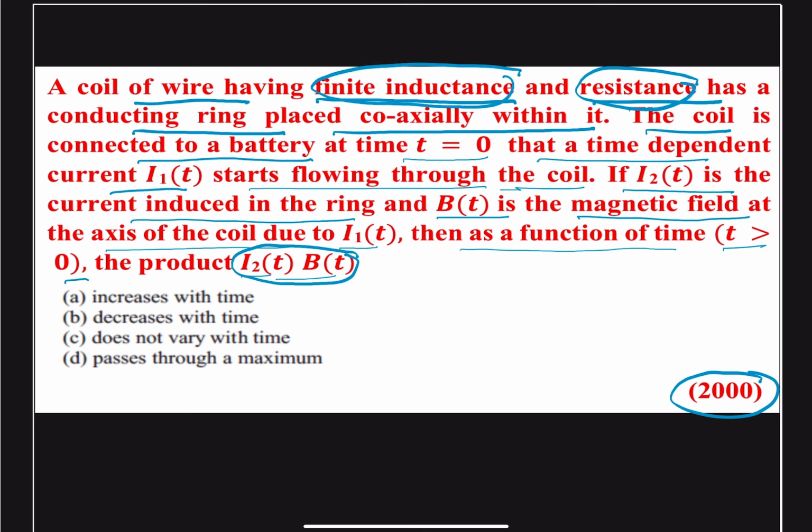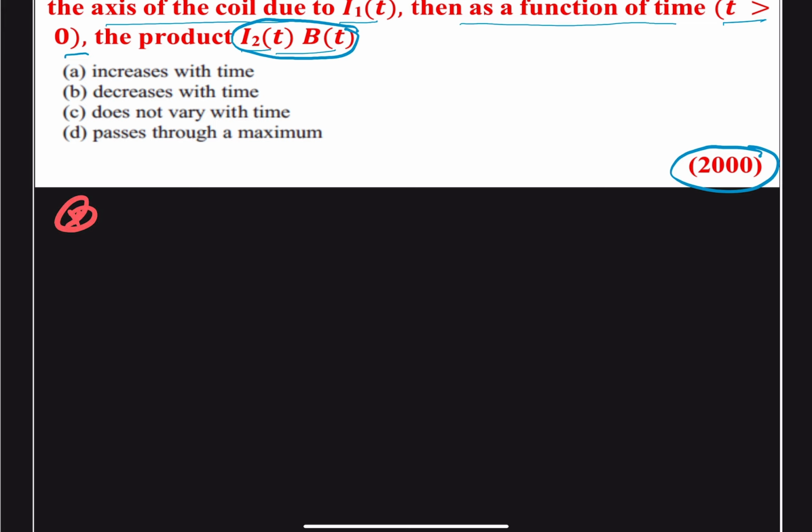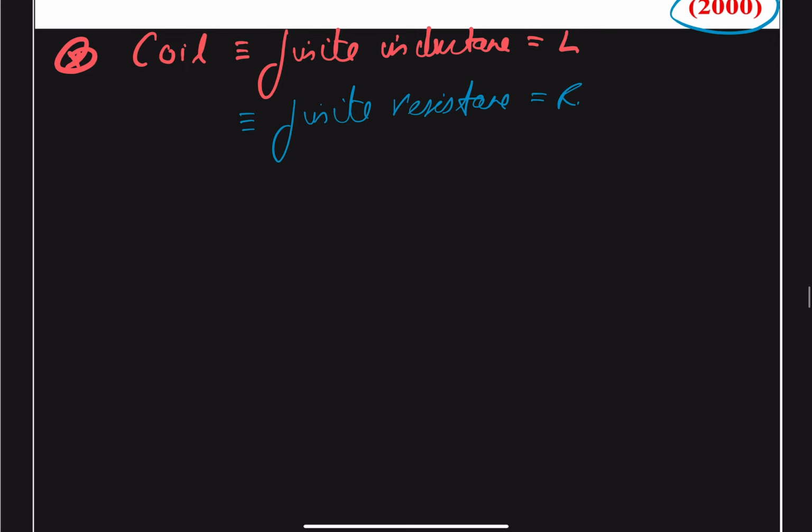The finite inductance, let us suppose, is given as L, and the resistance is given as R, and they are connected to a battery at time t equal to 0.